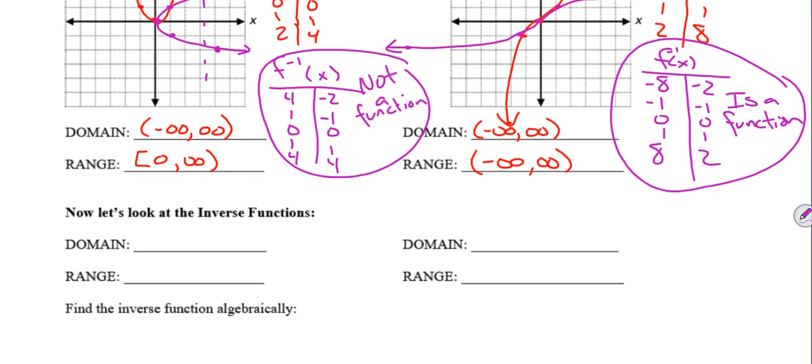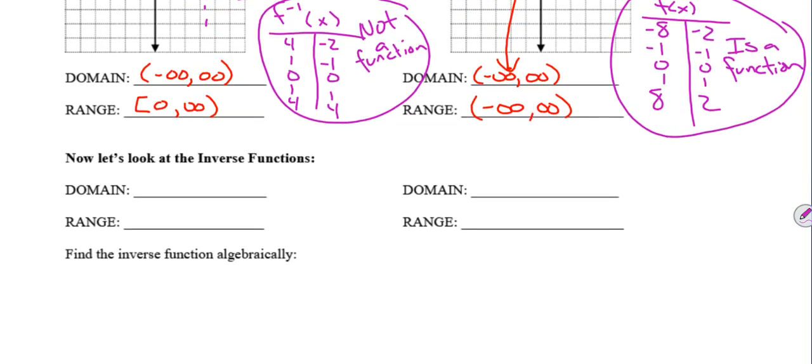So let's apply what we're talking about here to the domain and range of inverse functions. If the domain of the original function was negative infinity to infinity, then that will now become the range of my inverse. And I'm just going to cross this off because it's not actually a function. Let's look at the inverse. And then the domain would become the range, so from 0 to infinity.